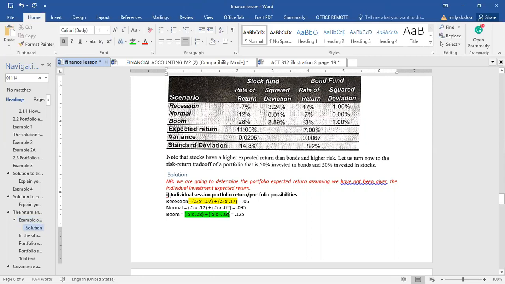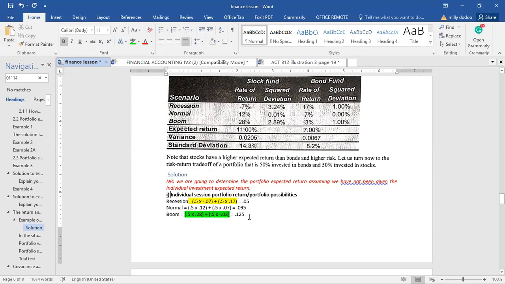And bear in mind, I said we are going to determine the portfolio expected return, assuming we were not given the individual investment return. Are you getting the scenario? So it means that we can determine the portfolio expected return in two ways. The first method is where you have been given the individual expected return.